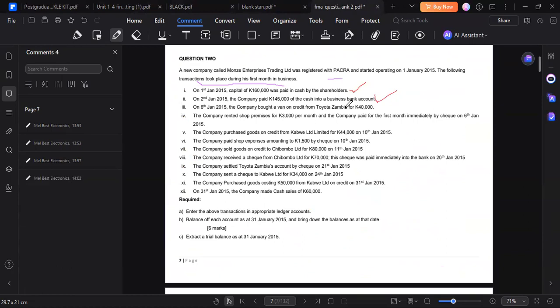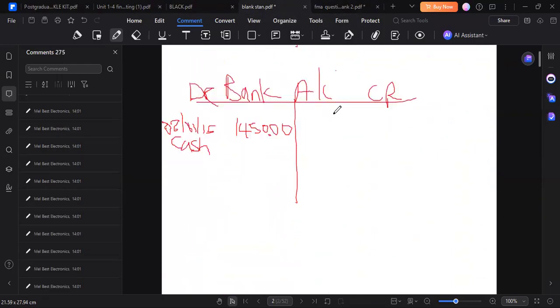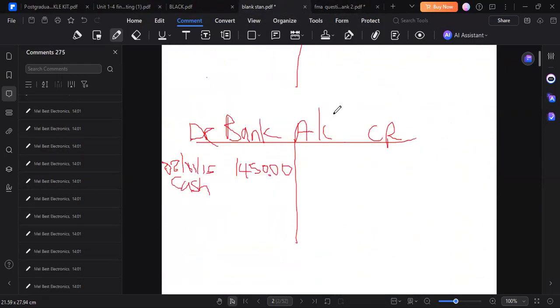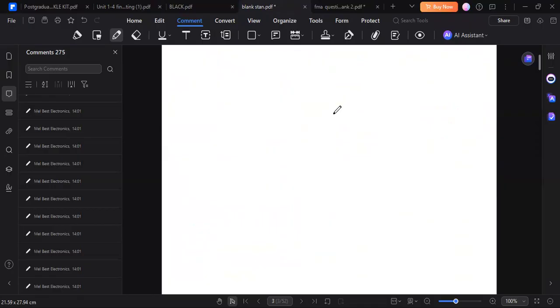On 6th, the company bought a van on credit from Toyota Zambia for 40,000 kwacha. Okay, so we're going to open an account called van account.